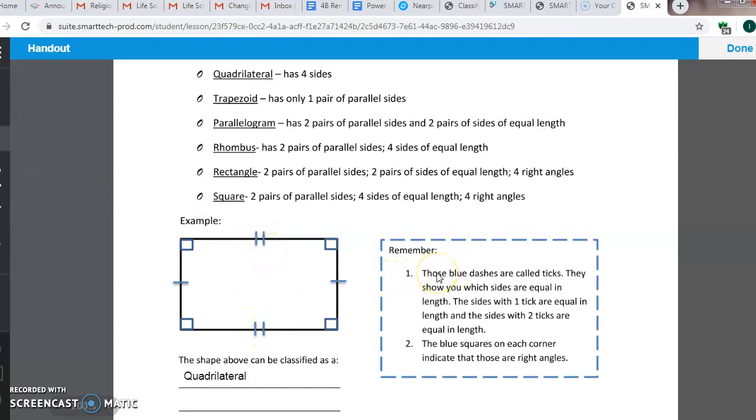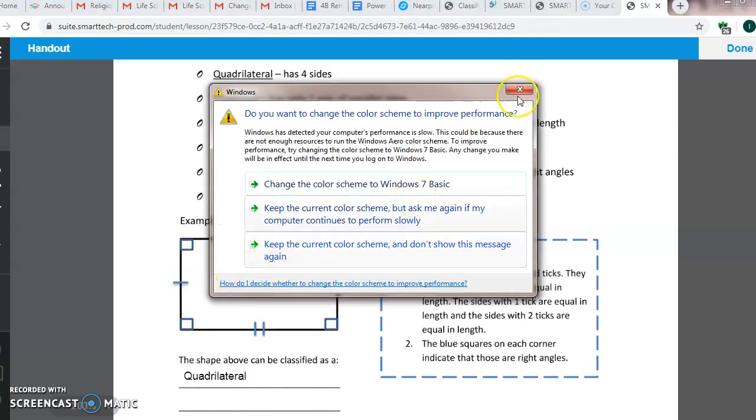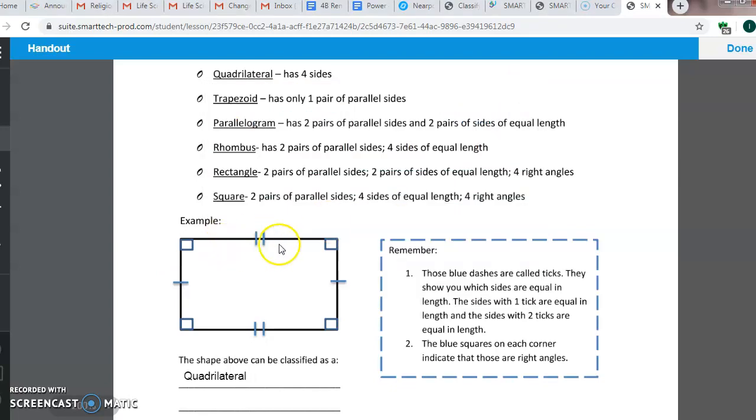So boys and girls, if we look at these little ticks, these blue dashes, the blue dashes indicate that sides are equal in length. So if you have one dash here on the right and one dash here on the left, that means that both of those sides are equal in length. Now notice that the top side and the bottom side each have 2 ticks, which means that those sides are equal in length. So we've got one pair of equal sides with 1 tick, and a second pair of equal length sides with the 2 ticks.